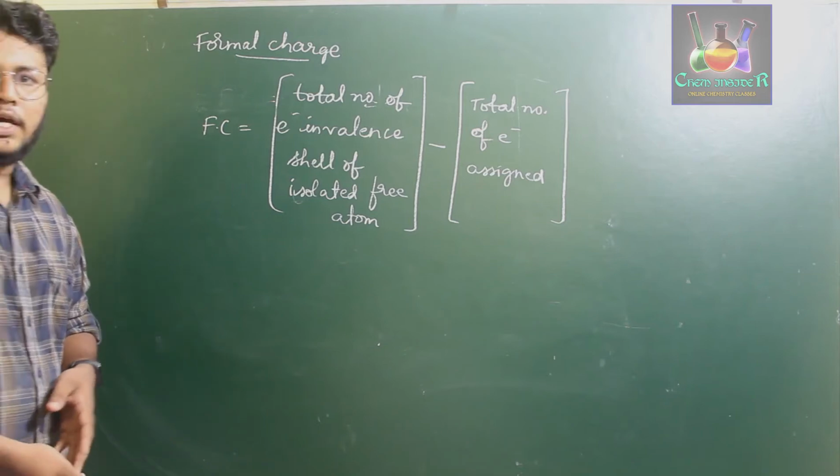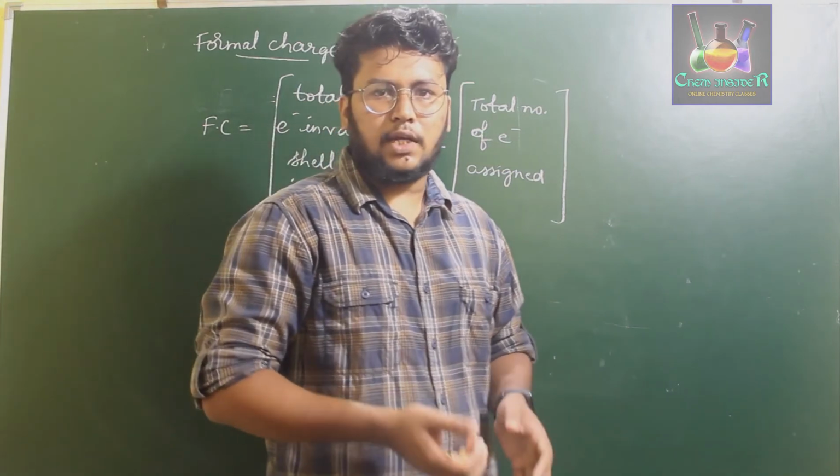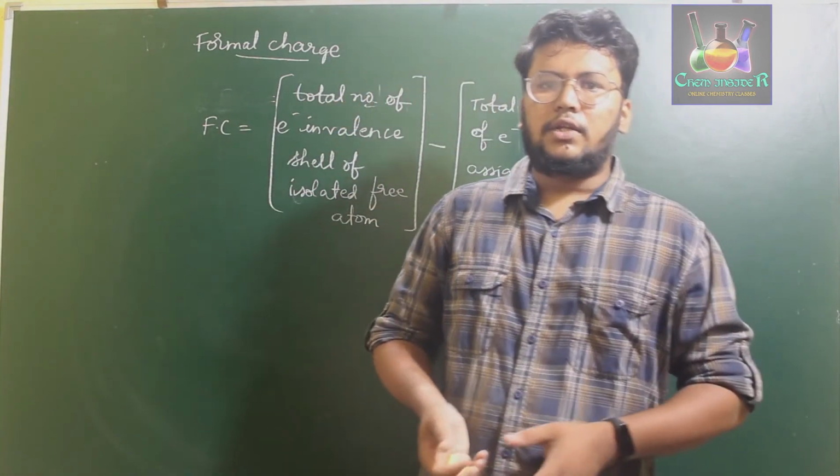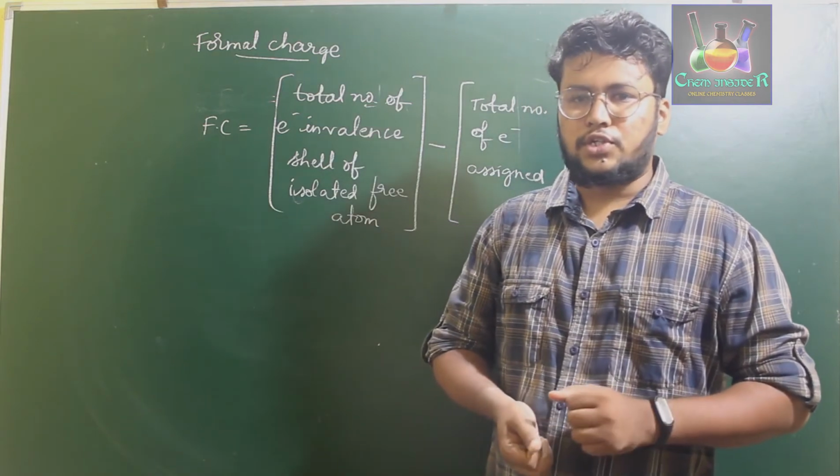Formal charge is defined as the total number of electrons present in the valence shell of the given atom minus the total number of electrons assigned to it in a given polyatomic structure.